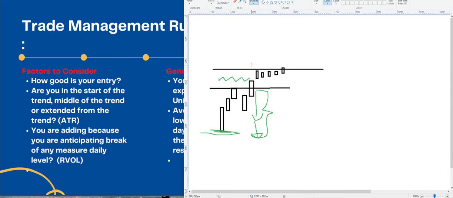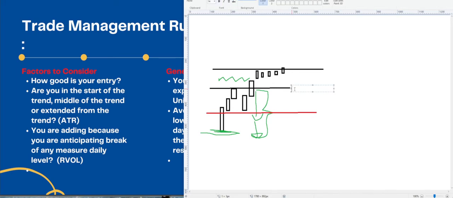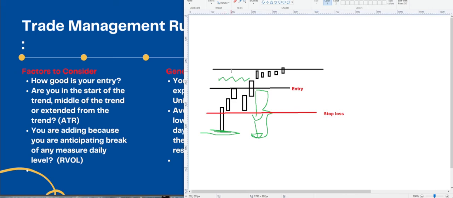If I put this line here, this should be the black color. Okay, if this is your entry, I think this should be red. So let me write it down: this is your entry, and this is your stop loss.